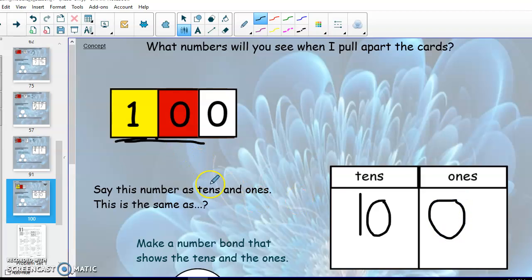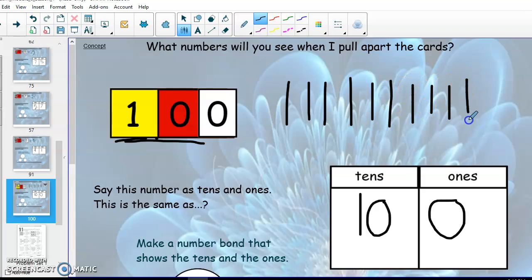The reason I know that there are 10 10s in this number is because if I draw 10 10 sticks, let's count them. 1, 2, 3, 4, 5, 6, 7, 8, 9, 10. Okay, let's count those 10 sticks. 10, 20, 30, 40, 50, 60, 70, 80, 90, 100. So 10 10 sticks equals 100 1s.